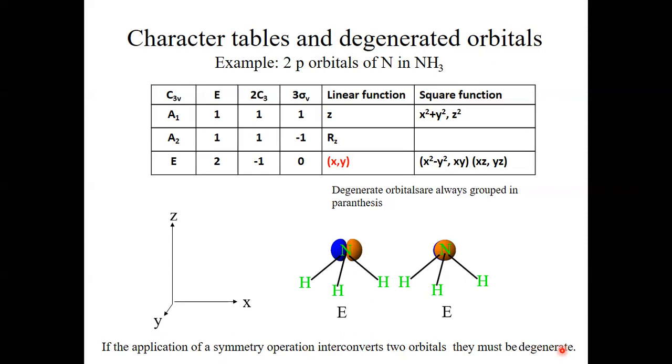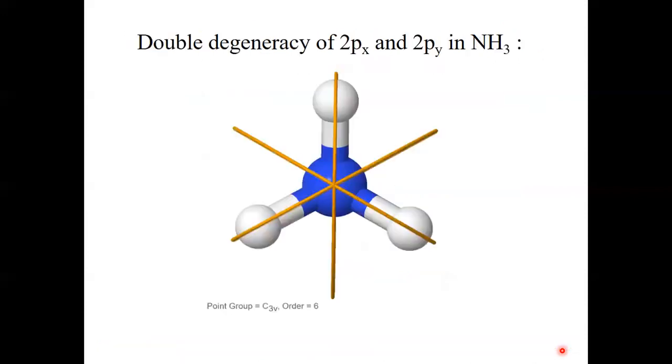So you have to look now for at least one symmetry operation that interconverts these two orbitals. Okay, also not an easy task, but the task can be accomplished. And it's easier to do this when we look at the molecule from the bird's perspective.